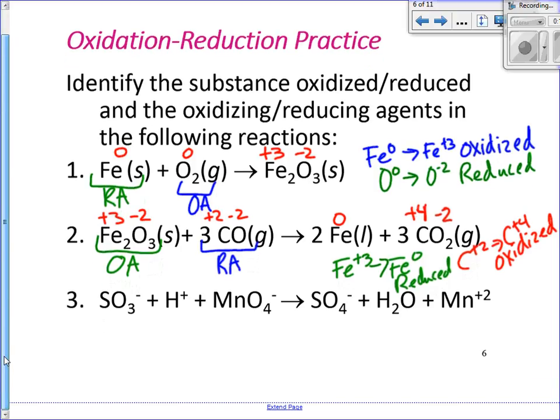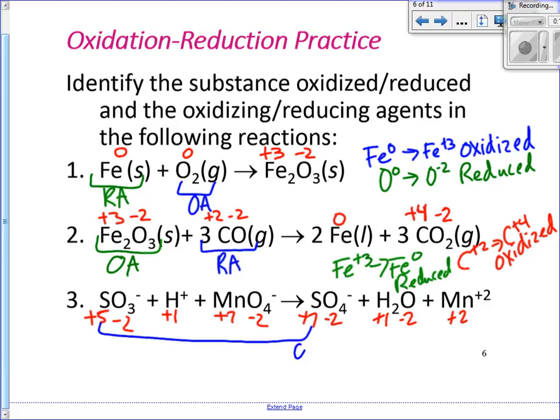Last but not least, down here, we have +7, -2, -2. This is what? +5, +1. This is now +7, -2, +1, -2, and +2. So the sulfur is going from +5 to +7.